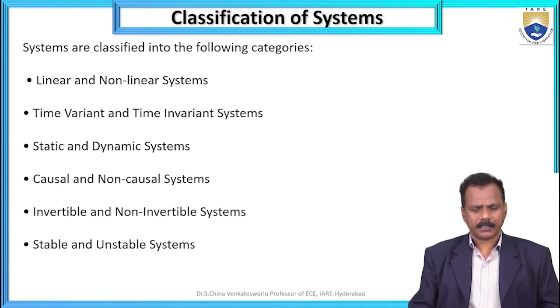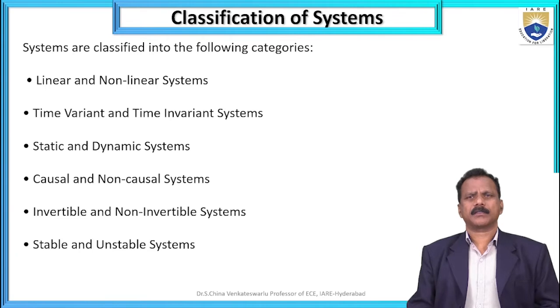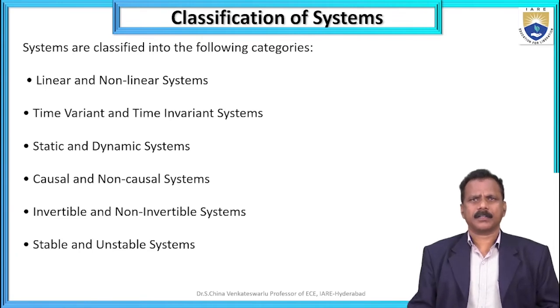Sometimes we require invertible and non-invertible systems for verifying time domain and frequency domain variations, whether the system is stable, whether it has particular accuracy, or whether some error is affecting it. Based on this analysis, you verify the characteristics of systems. Okay, so we'll see them one by one.